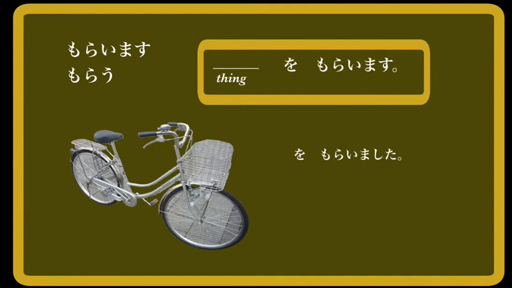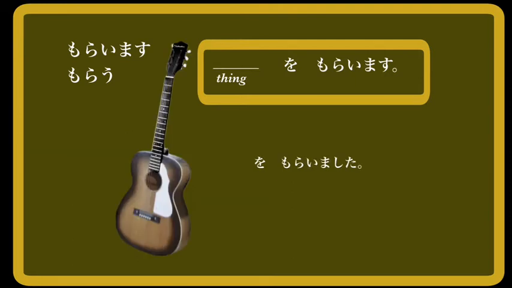If we received a bicycle, jitensha o moraimashita. I received a bicycle. Jitensha o moraimashita. Past tense, polite form. If we received a guitar, gitar o moraimashita. Gitar o moraimashita. I received a guitar.